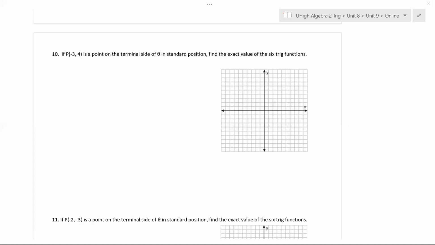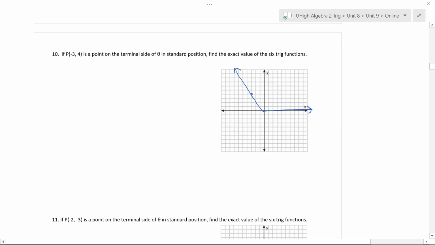So what I want to do first is plot this point, negative 3, 4. And then I'm going to draw in that angle in standard position.